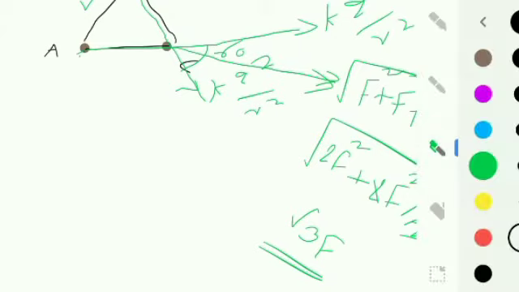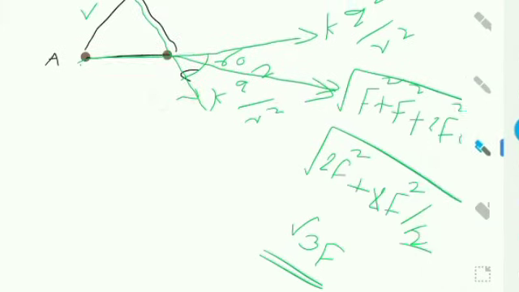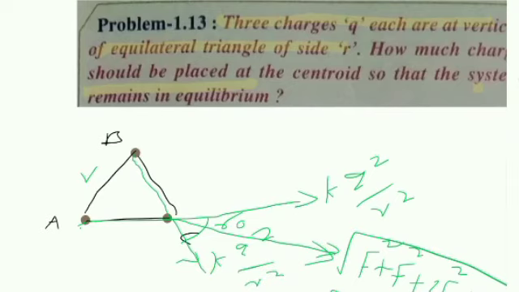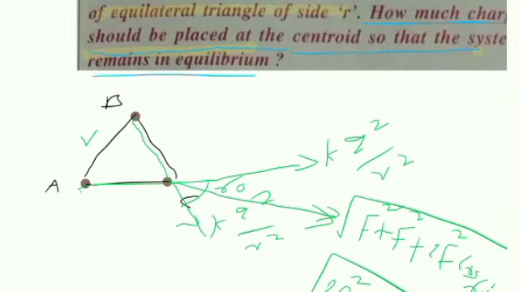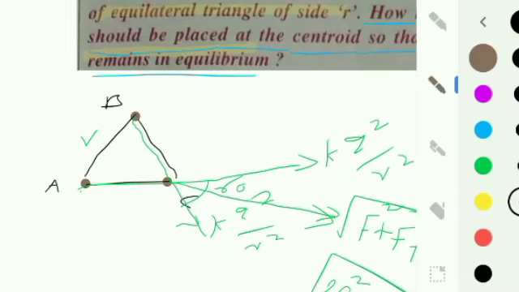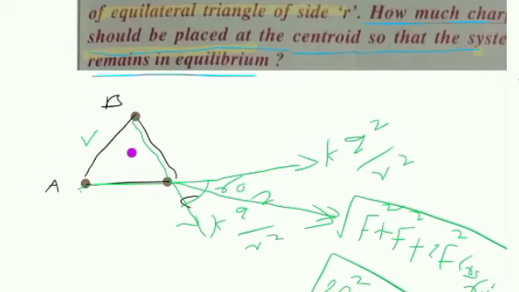Again he is asking another one: how much charge should be placed at the centroid so that the system remains in equilibrium? Here charge is put in the center. Now these are also both positive.